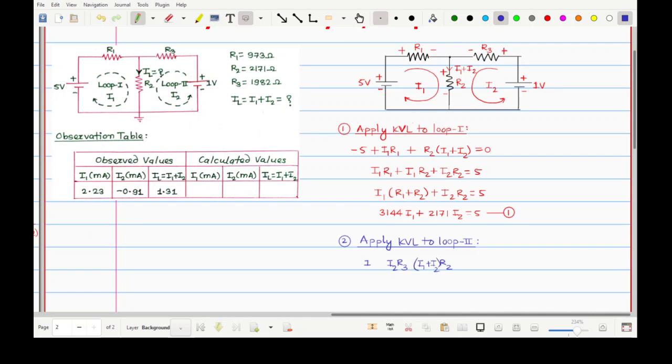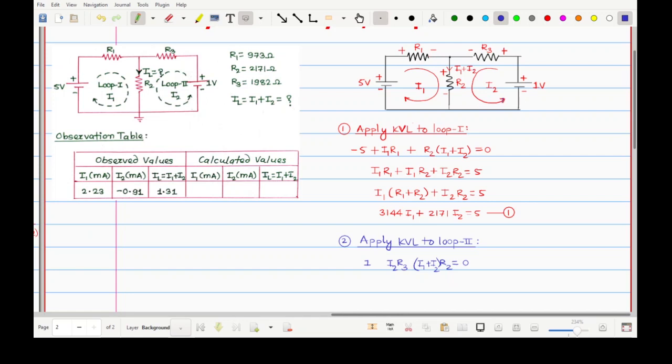Okay, and the algebraic sum of all these voltage drops should be equal to 0. So 1 volt, then I2 R3 and I1 plus I2 into R2. All these are voltage terms. So this is your KVL equation. Now you have to give sign. For that purpose we are considering the current direction.